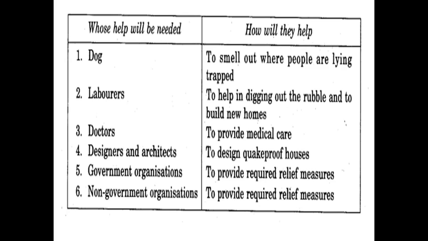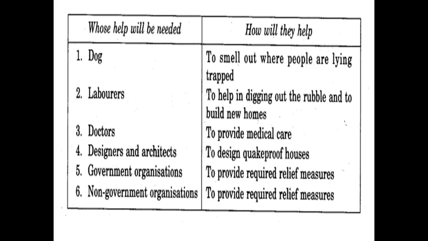Then doctors are there to provide medical care. Designers and architects are there, designing quake-proof houses. If your house is weak, if you are using cheap material for building your house, and if you are living in an area where earthquakes mostly occur, your house will collapse immediately and easily.